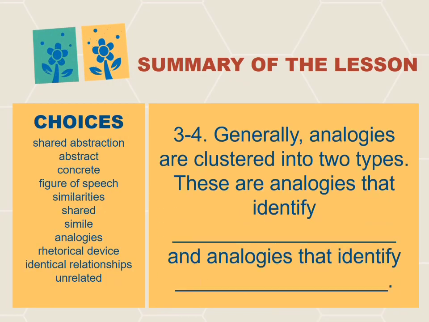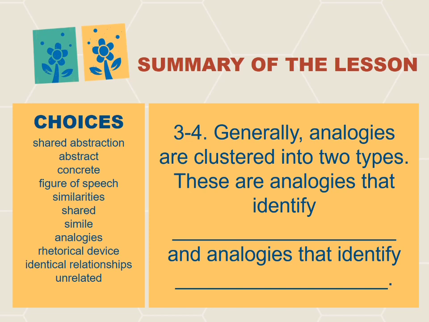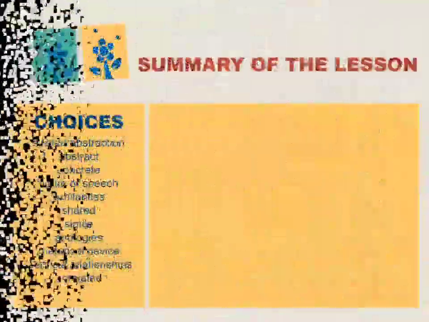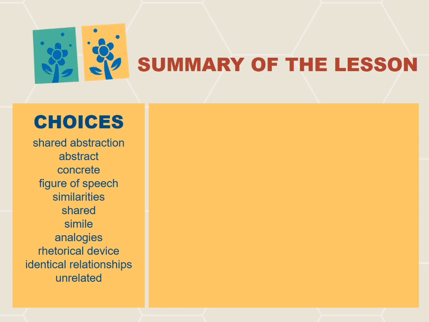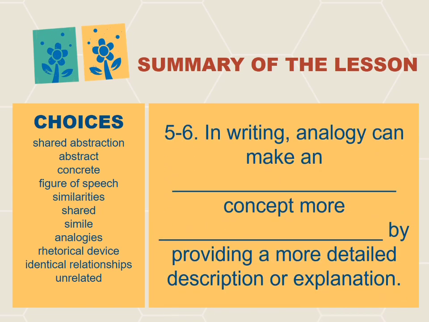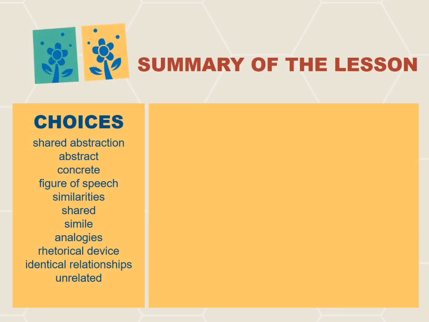Numbers 3 to 4. Generally, analogies are clustered into 2 types. These are analogies that identify blank and analogies that identify blank. Numbers 5 to 6. In writing, analogy can make an blank concept more blank by providing a more detailed description or explanation. 7 to 8.